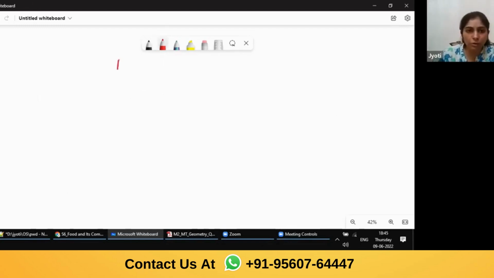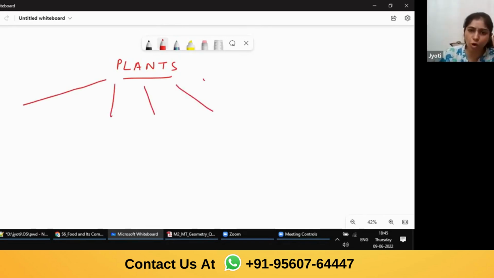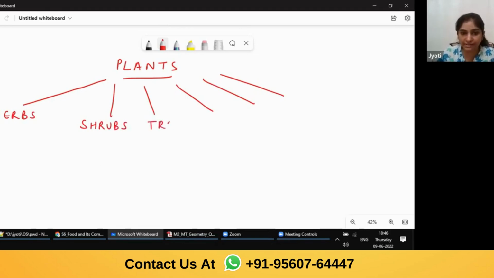But there are so many plants, so there should be some division, isn't it? So I am going to divide the plants into categories. Let's see what those categories are. Number one is herbs. Number two is shrubs. Number three is trees.